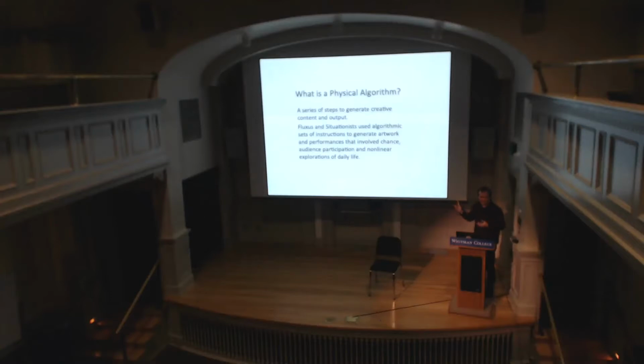And just as you can read one of Knuth's books, he talks about breaking down an algorithm into making bread. But again, this idea is really interesting, and Fluxus thought about it in different ways to create ways of getting people to work together and collaborate to create these happenings and performances and things like that. So this idea of physical algorithm, again, is a series of steps to generate creative content and output.